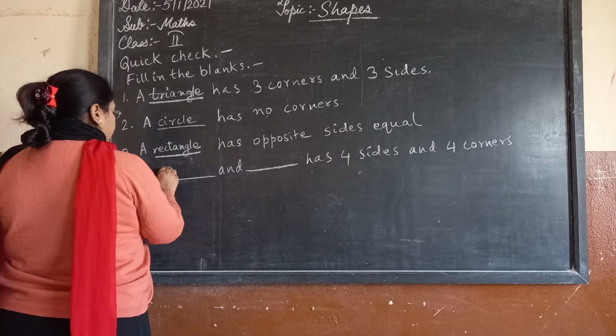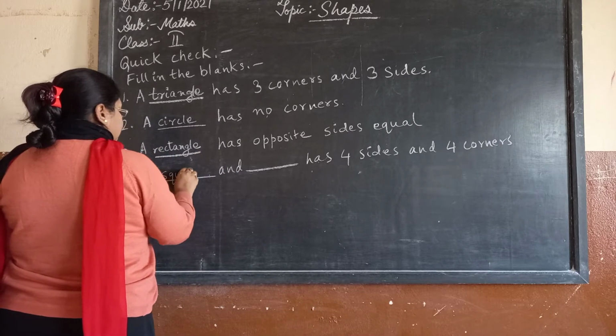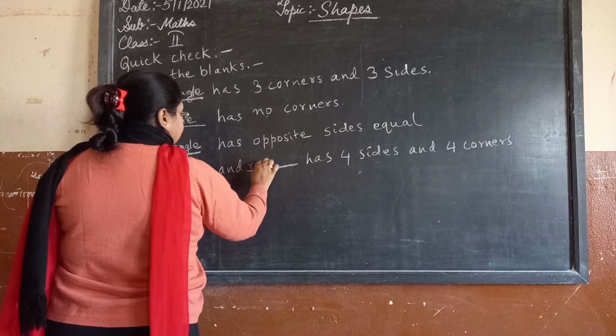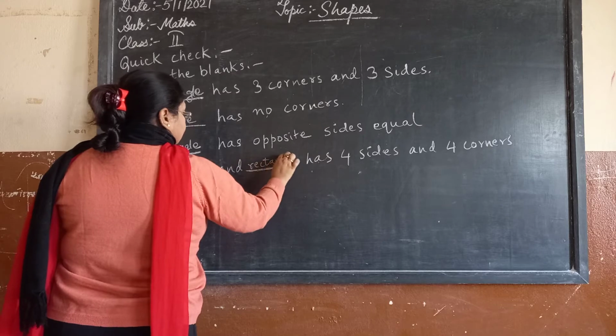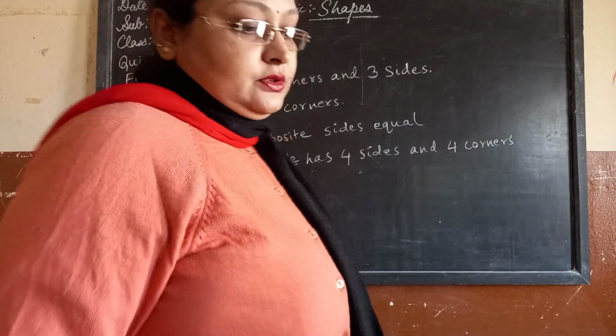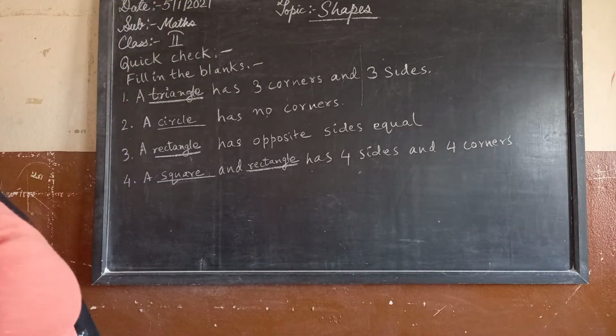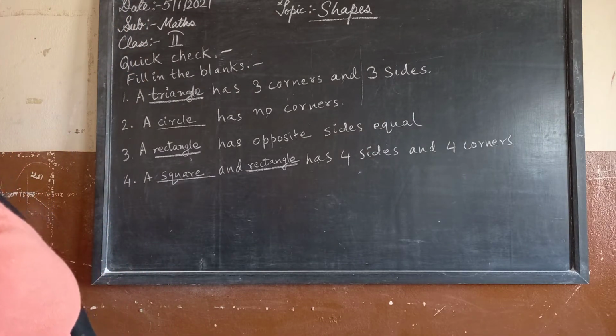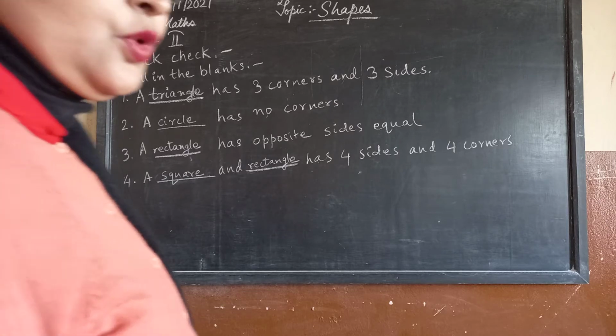Or whichever one you consider, anything you can write: a square and rectangle. The square and the rectangle have 4 sides and 4 corners.